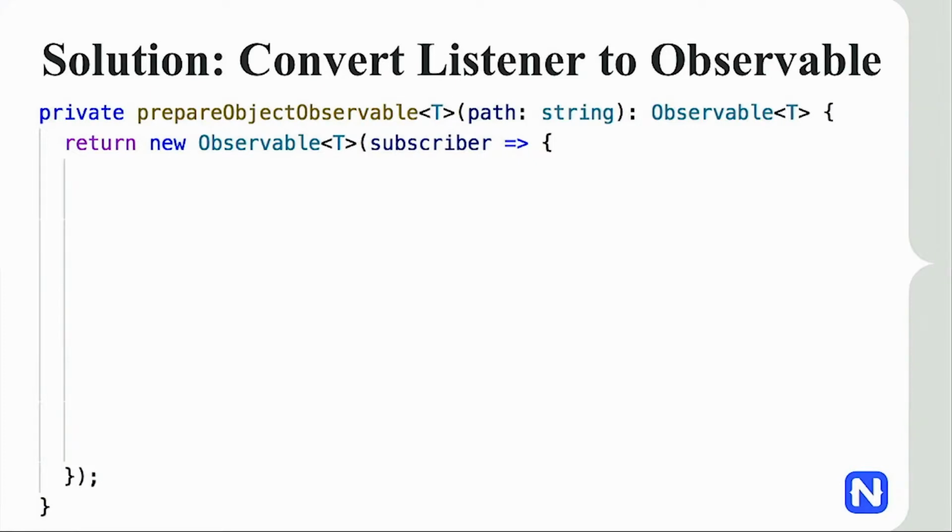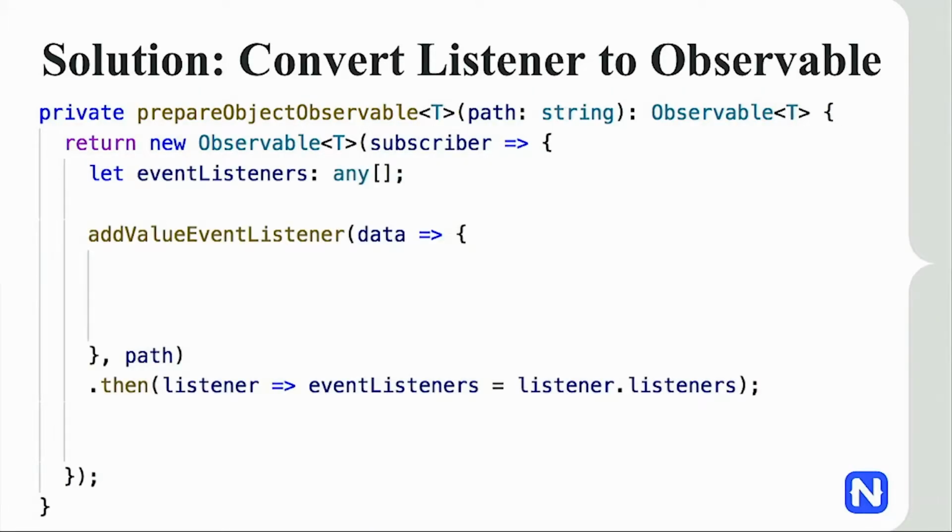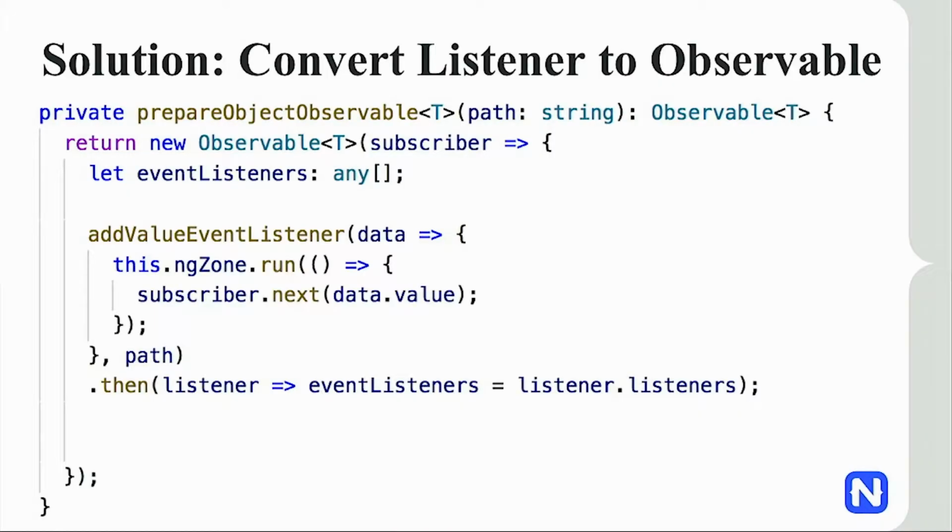So the solution was to take that listener-based approach and convert it to an observable. I'm creating a new observable, calling add value listener inside. I'm also getting a handle for the listener. And then every time that event triggers, I'm just calling subscriber next.